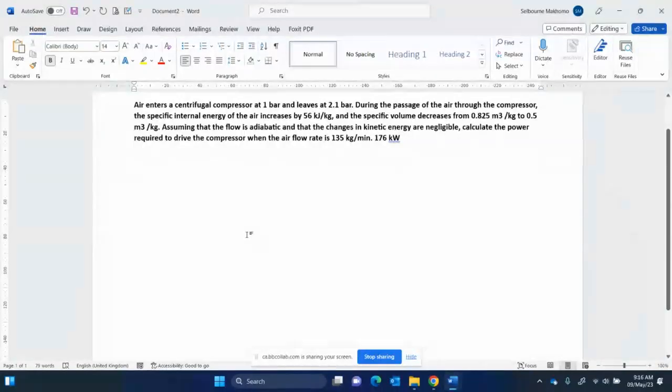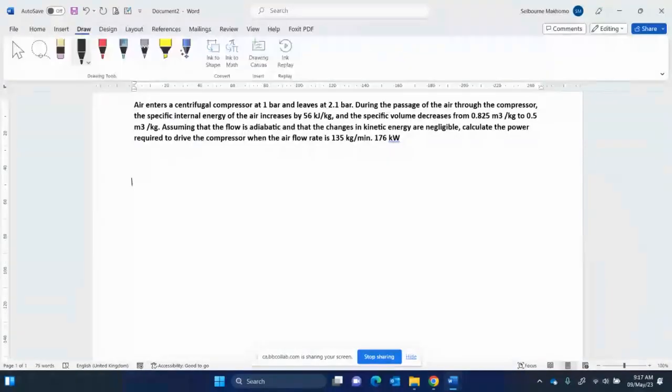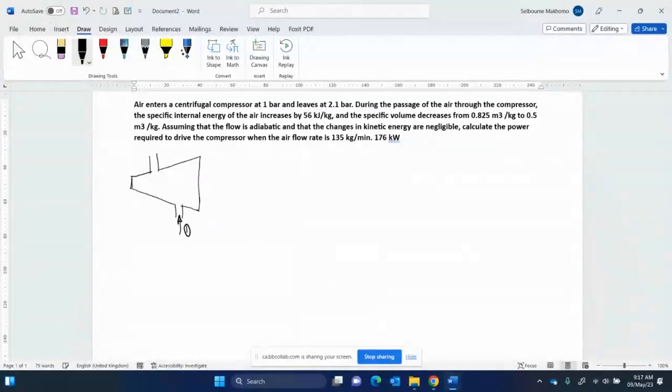So let's attempt this question. We draw a schematic diagram of a compressor, which is similar to that of a turbine. For a compressor, the inlet is at this point here, and it's work input, not output.